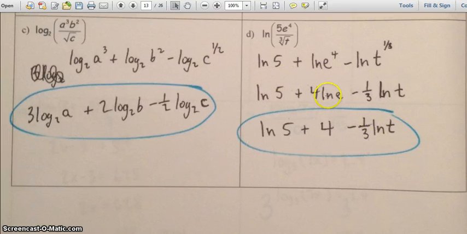On letter D, we know that natural log and e cancel each other. So multiplication is going to become addition. Division is going to become subtraction. The cube root is going to become raised to the 1/3. Then from there, I moved the exponent. If I had an exponent, I moved it to the front of the natural log. And then notice that natural log of e cancels each other.